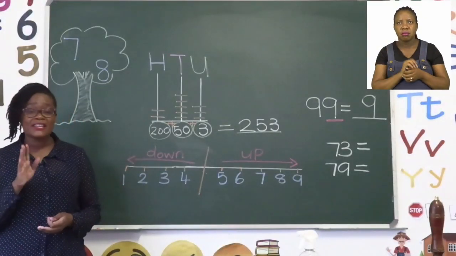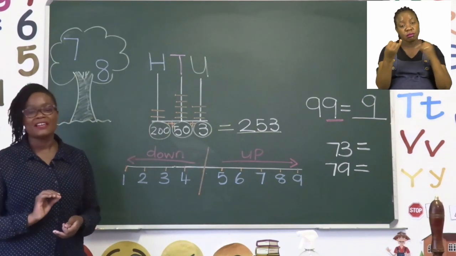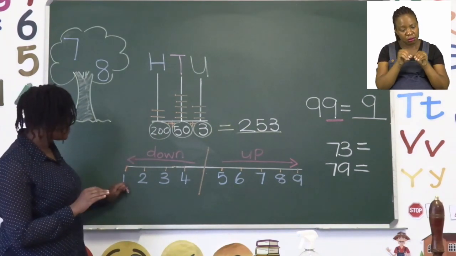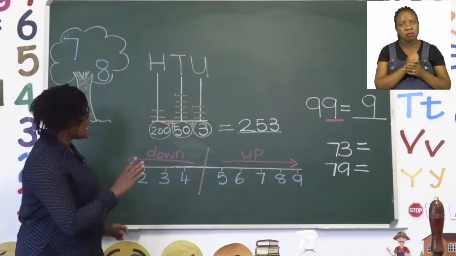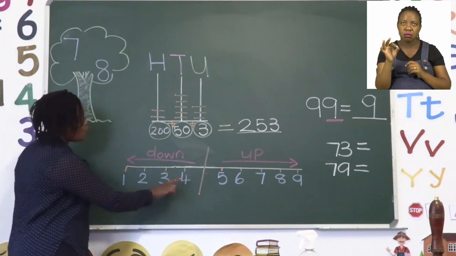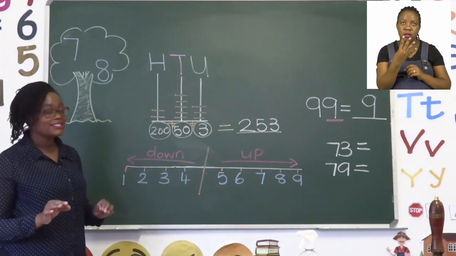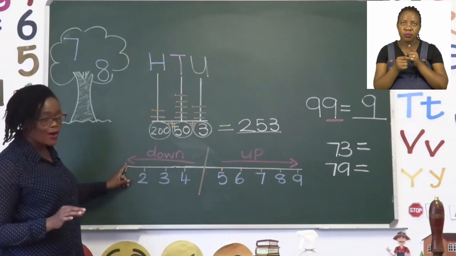Now I know they've given you a number line in your book, but you're going to have to make your own little number line. The one from the number 1 to the number 9. Remember, any numbers from 1, 2, 3, 4 as the second digit means that the number will round down.